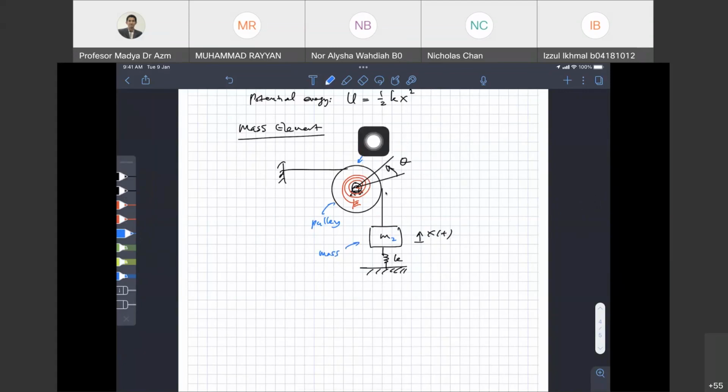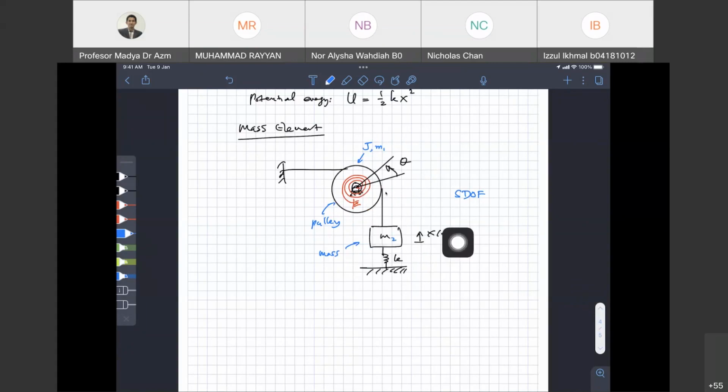Okay. But the whole thing here is single degree of freedom system, because theta and x is related. Kita pusing the wheel, so dia akan terangkat M1 ni. So dia akan related, dia bukan independent. So the motions of M2 is not independent with the motions of M1.